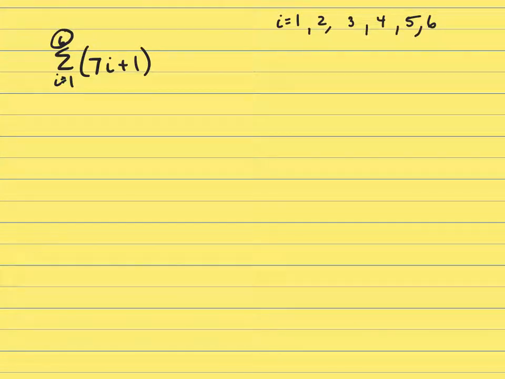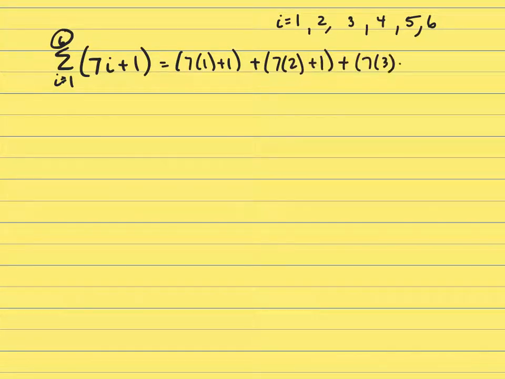So the first time through, it'll be 7 times 1 plus 1, plus 7 times 2 plus 1, plus 7 times 3 plus 1, plus 7 times 4 plus 1, plus 7 times 5 plus 1.